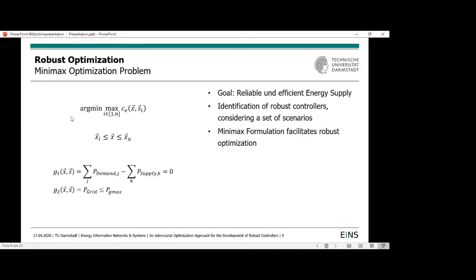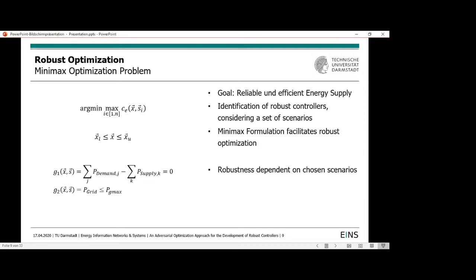In each iteration of the optimization, scenarios are sampled from a scenario set, and using the maximum operator and the fitness function, the worst controller performance is optimized over the whole optimization run, so that we can expect to gain robust control strategies.